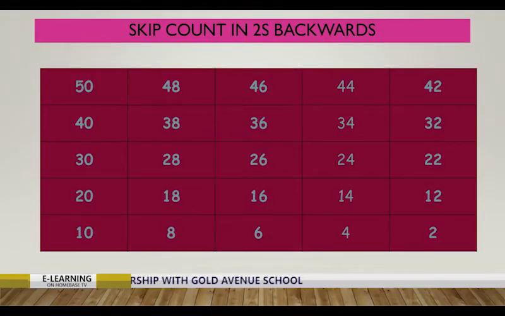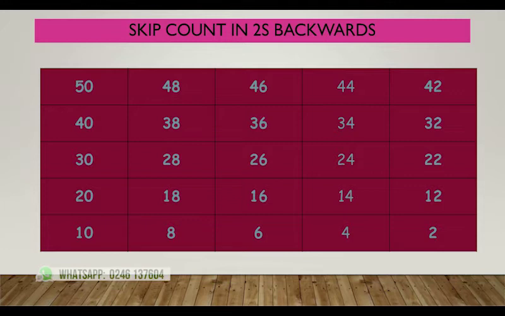So on our screens, we start from 50, 48, 46, 44, 42, 40, 38, 36, 34, 32, 30, 28, 26, 24, 22, 20, 18, 16, 14, 12, 10, 8, 6, 4, and 2.